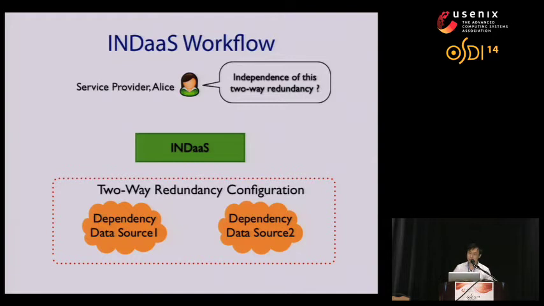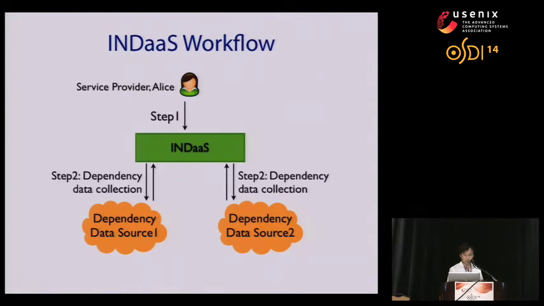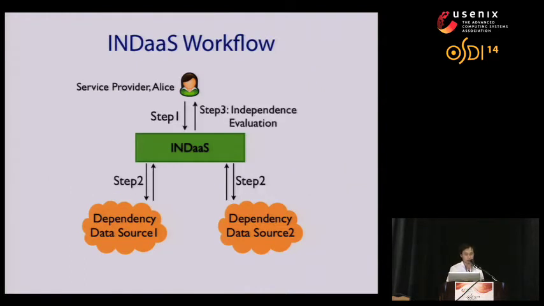Let me show you one typical workflow in which Alice uses INDaaS to evaluate the independence of a given redundancy configuration with 2 data sources. In the first step, Alice submits a specification to INDaaS. Then, INDaaS automatically collects the dependency data from each data source.